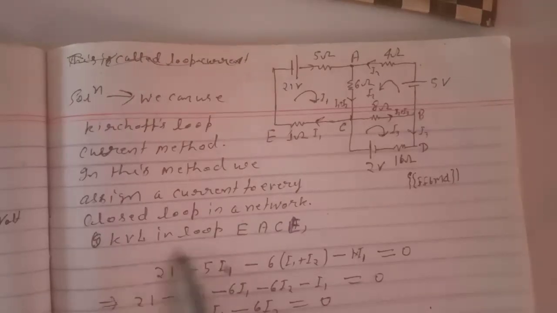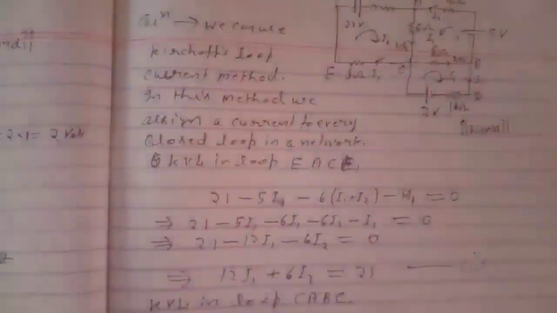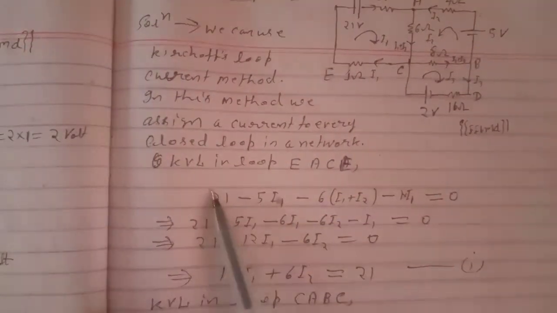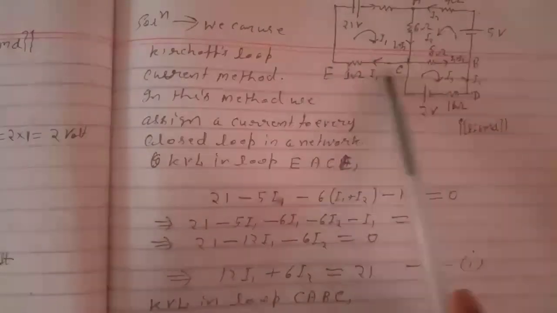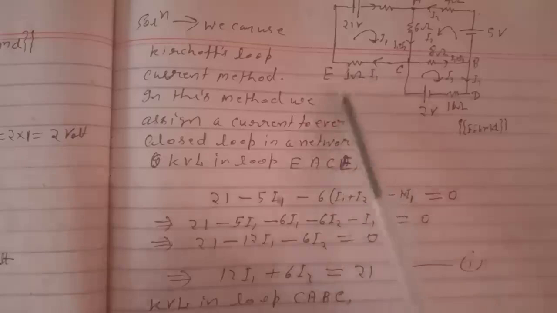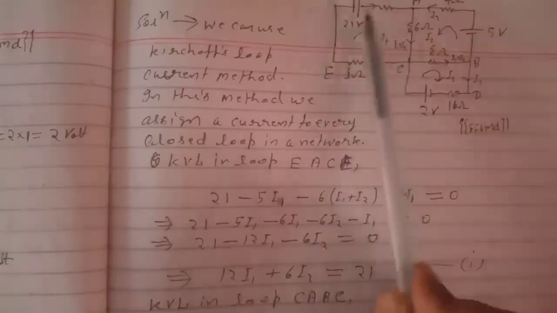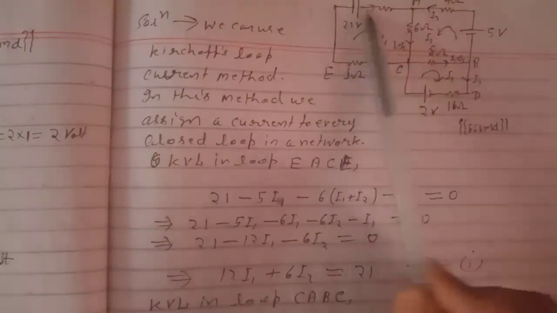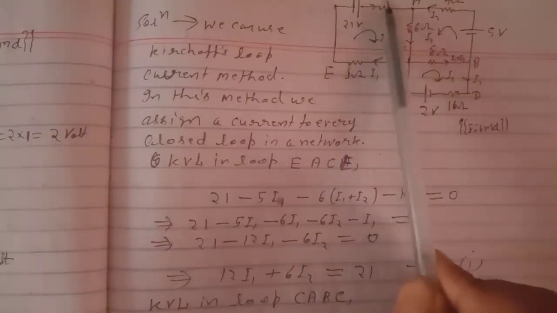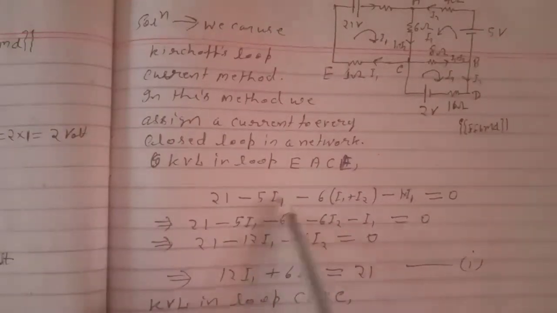KVL in loop EAC, applying KVL, that is Kirchhoff's voltage rule. We are going in this direction. This will be 21 minus 5 I1.